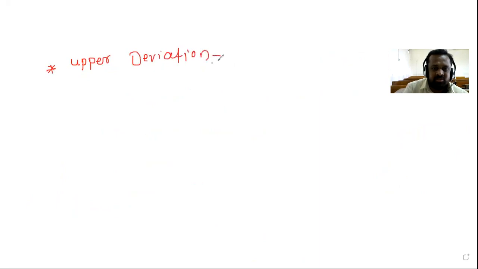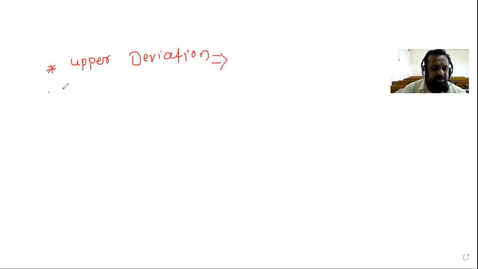So I will write down here the definition. Upper deviation. Okay, again that deviation has two types: upper deviation and lower deviation. Okay, and what is the definition for that upper deviation? Let's see here.